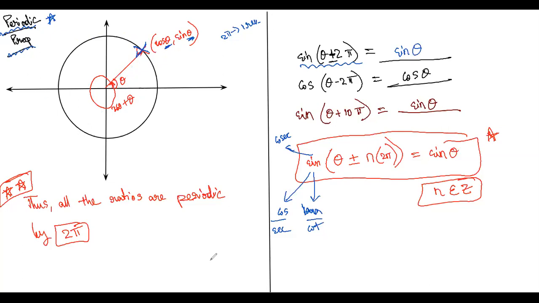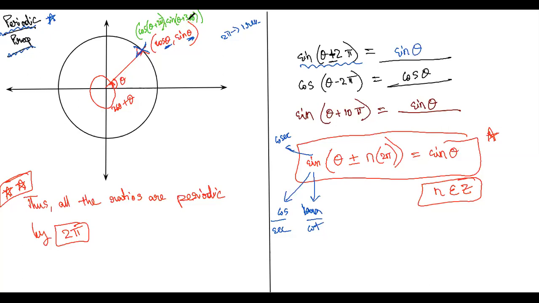Do you agree? So if this coordinate is cos theta comma sin theta, I can also say this coordinate will be cos of theta plus 2 pi and sin of theta plus 2 pi. 2 pi and 360 are the same. I wrote 2 pi here, 360 here, same thing.